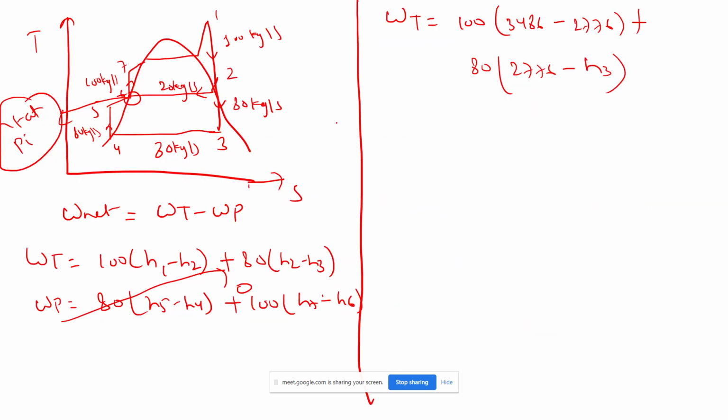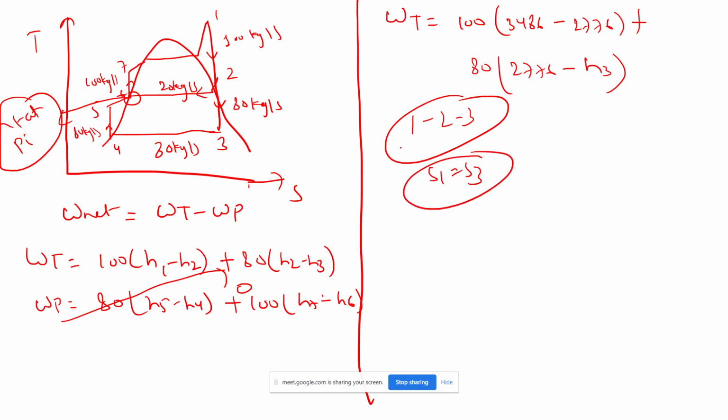S3 we don't know, so we first have to determine the quality. Since 1, 2 and 3 are all isentropic processes, we can apply S1 equal to S3.